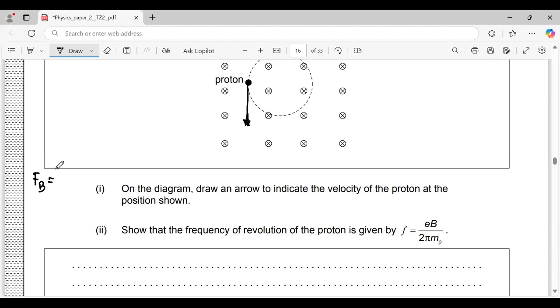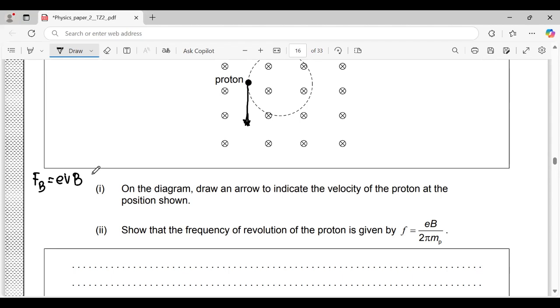FB, the symbol of magnetic force, equals e times v times B. e is the proton charge, v is the velocity of this proton, while B is the magnetic flux density.